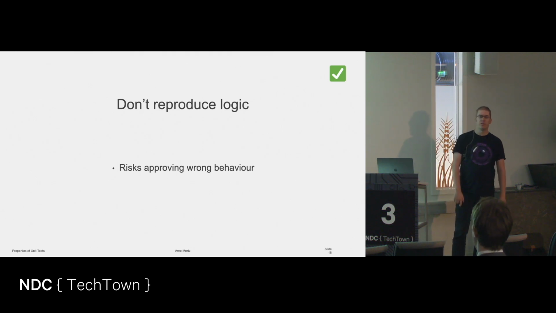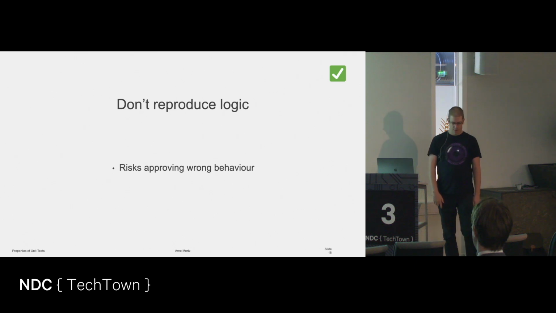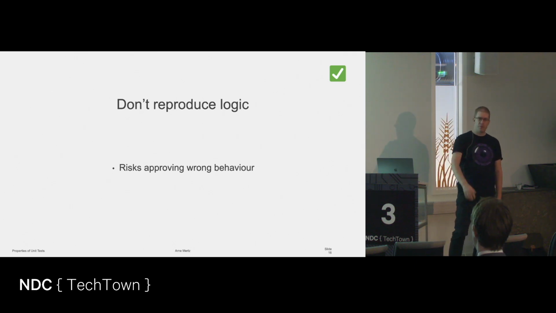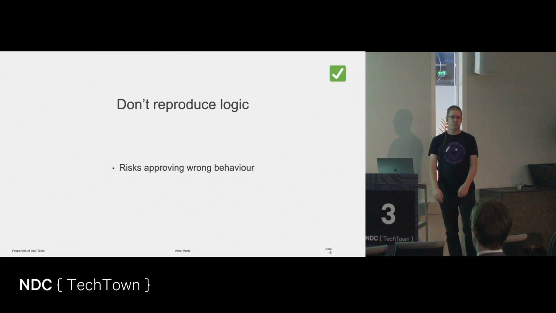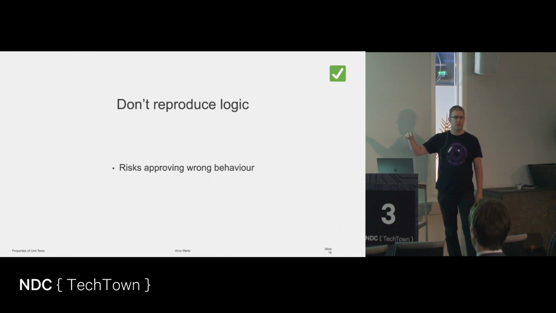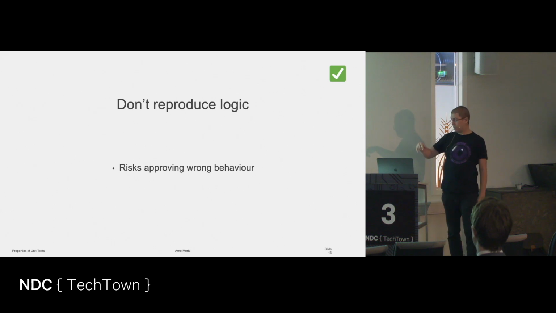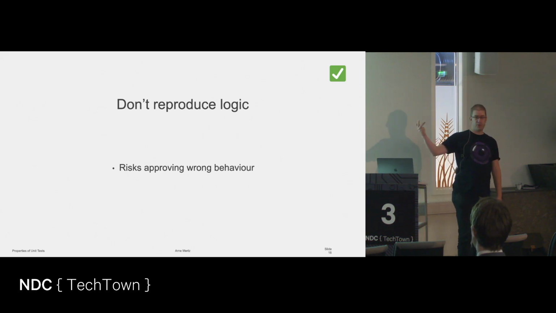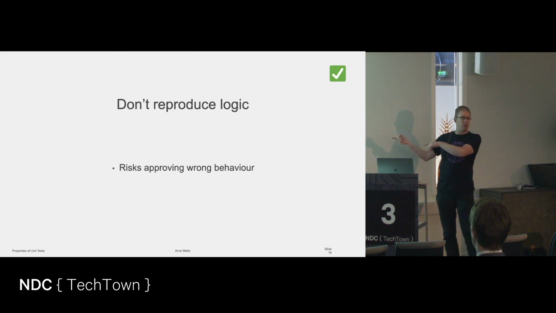And then, okay, now I have to write unit tests. Well, let's just come up with a list of numbers and then I copy paste my code. If I modulo 3 is 0, then it's even, else it's odd. The unit test will be green because you just copy pasted the actual logic you are using, right? So you will get like 1 is odd, 2 is odd, 3 is even, 4 is odd. And if you don't have a second look, you will never come across this error.